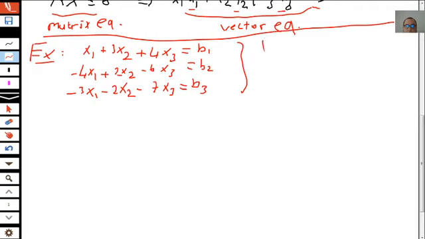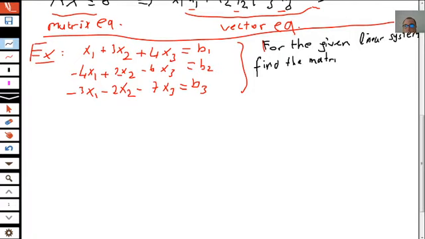So for the given linear system, find the matrix equation and the vector equation of the system.